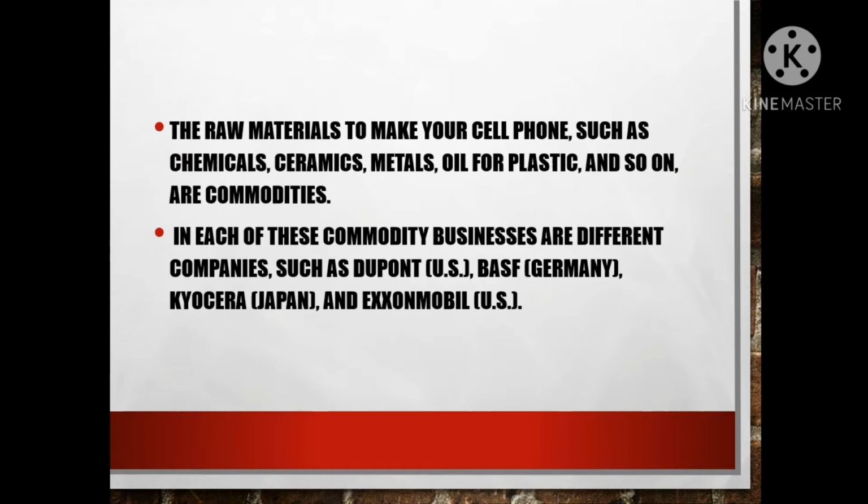The raw materials to make your cell phones, such as chemicals, ceramics, metals, oil for plastic, and so on, are commodities. In each of these commodity businesses, you find different companies such as DuPont, US; BASF, Germany; Kyocera, Japan; and ExxonMobil, US.